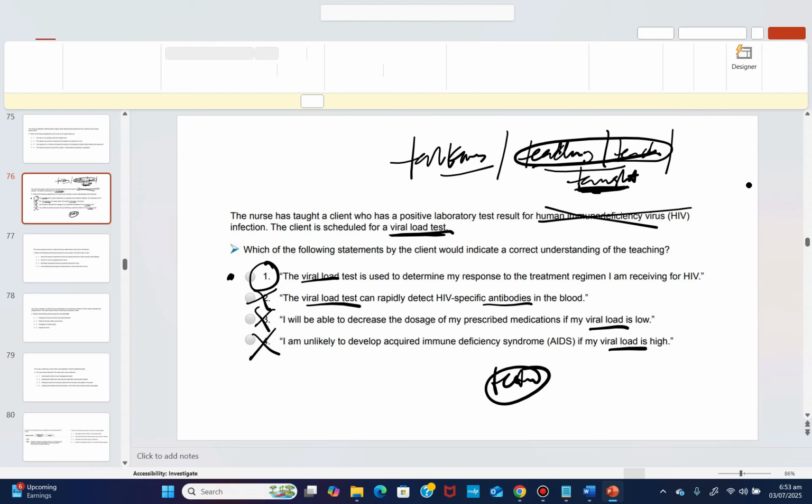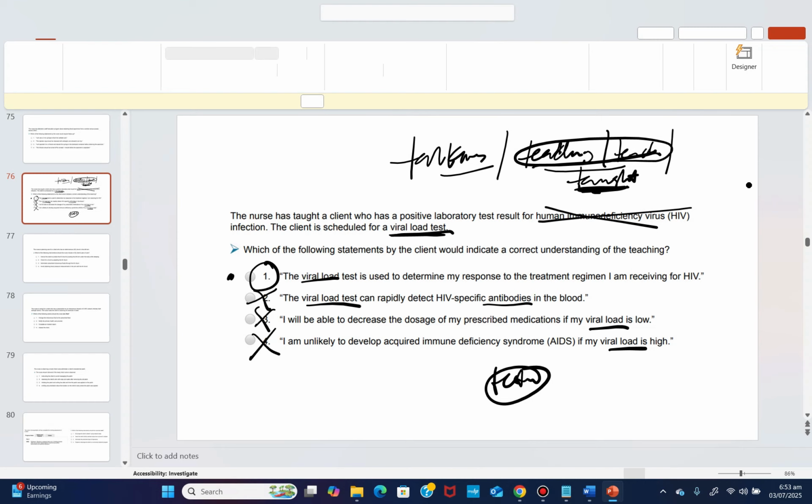Definitely, it depends on how the patient is managing their condition. They can get to the point of having AIDS and their viral load will still be high. So viral load is not a guarantee for a patient not to develop AIDS. So yes, that understanding is wrong.